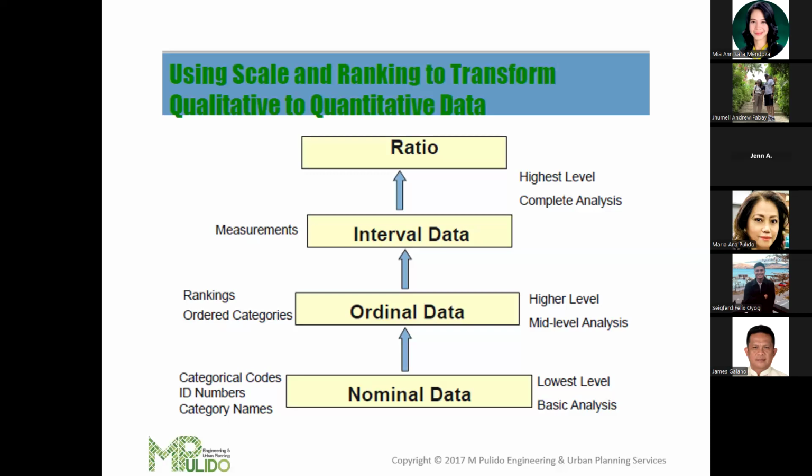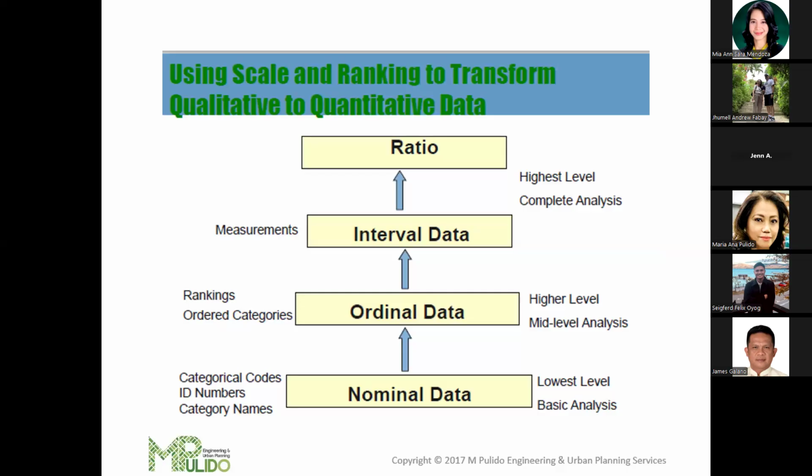So, how about ordinal data? The categories are ordered or ranked, but the distances between them are not equal. Like, I'm not sure if you know the Likert scales.